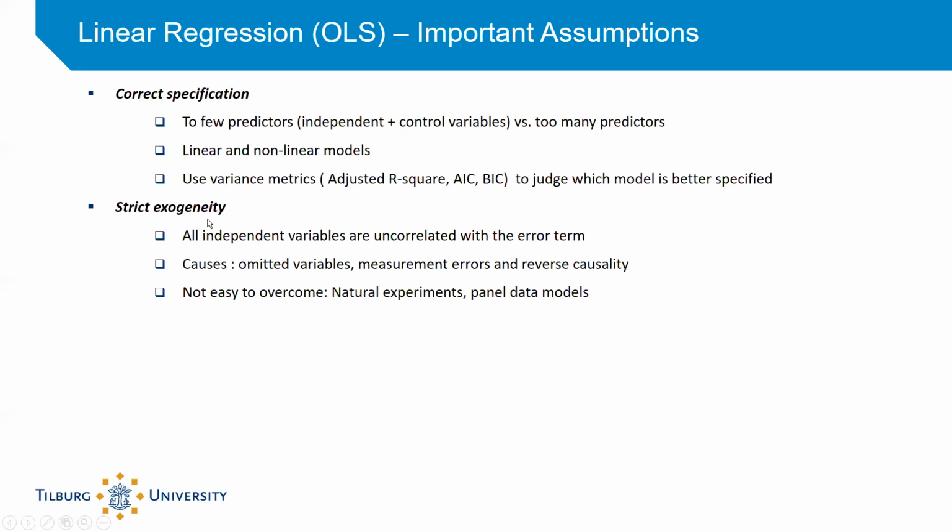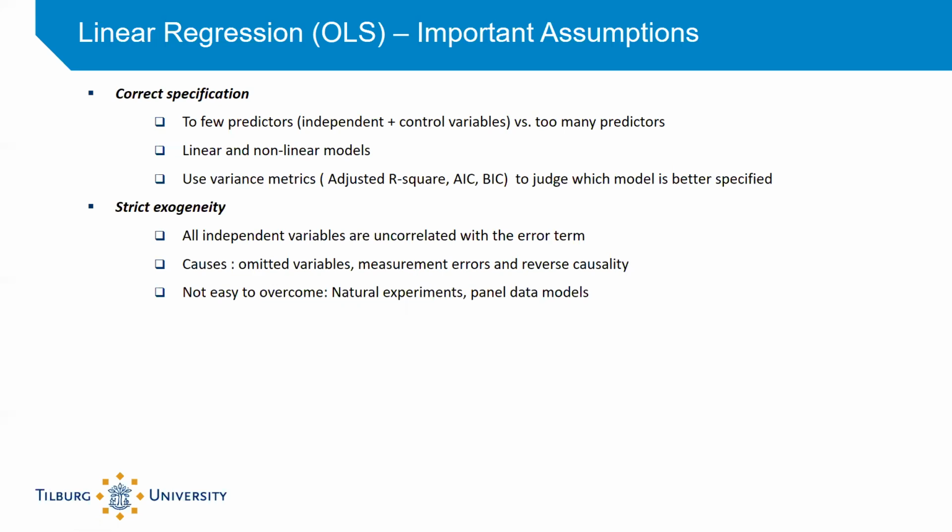The model is said to be endogenous. A model becomes endogenous when you have unobserved or omitted variables, when you have measurement errors in your independent variable, and when there is reverse causality in your relationship.